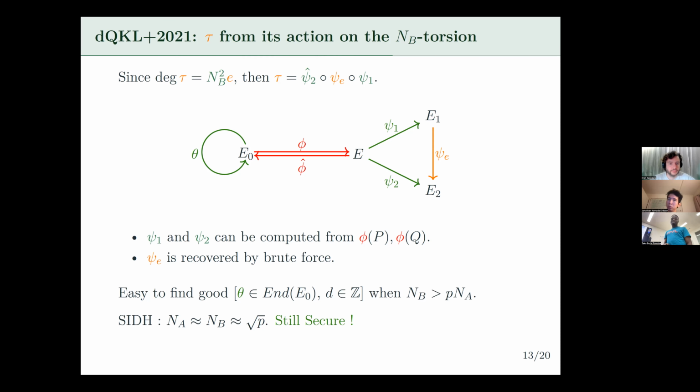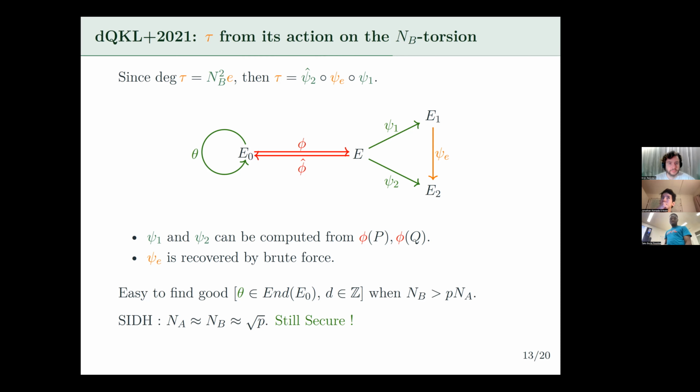So here you still need the parameters to be in balance. And in SIDH, by that time you had NA roughly equal to NB, and roughly square root of P. So you could not apply this to SIDH in 2021.